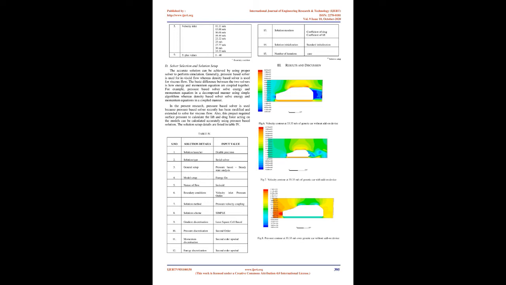2. Methodology of study. In the present research paper, a model of a generic car is modeled using CATIA V5, and this generic model is imported into ANSYS Fluent 17.0, and meshing was generated on the surface of the model with and without the add-on device. Aerodynamic study of airflow over an object can be carried out either using an analytical method or a CFD approach.